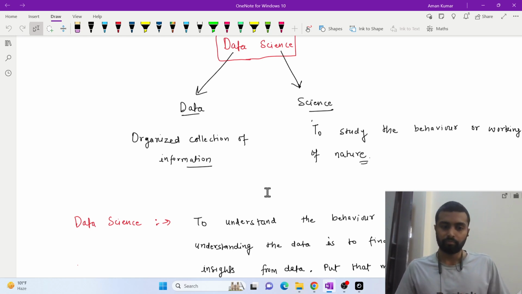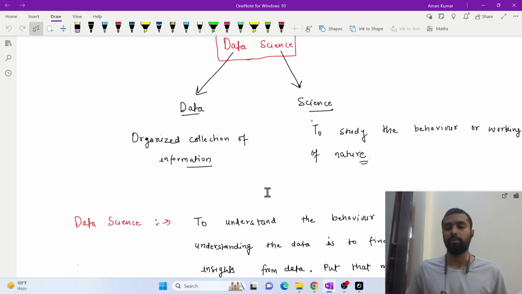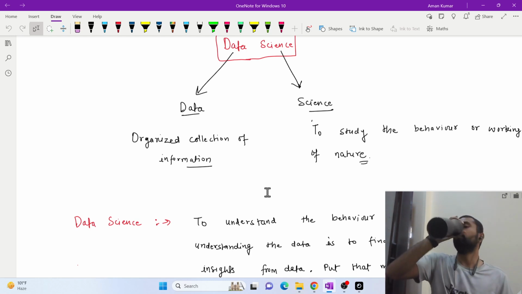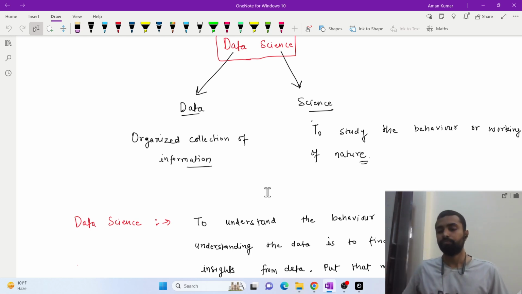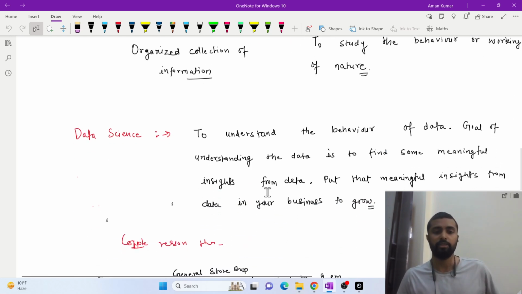Okay, so if you add data and science, now we are able to define it. What is the meaning of data science? Okay, let's define it. Just give me a second. Okay, so now we can say that data science means what?